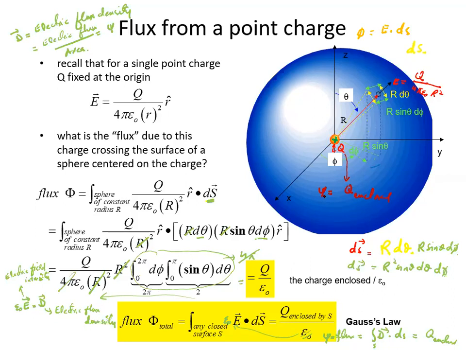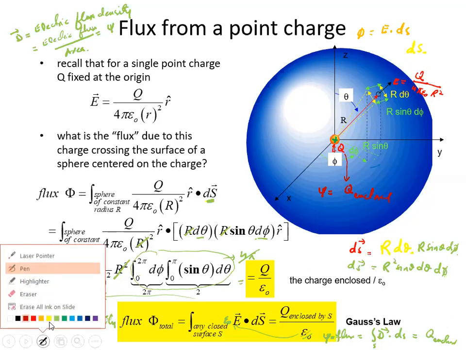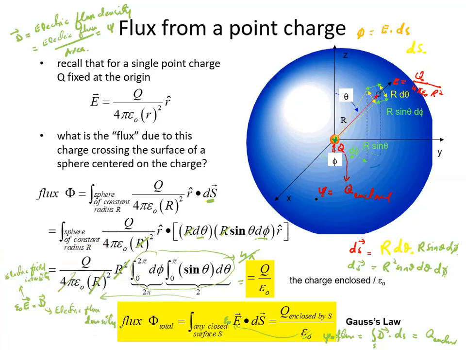A very interesting equation. Why is it so interesting? Because this quantity is non-physical, it doesn't have mass, but this one is physical because it has mass. So charge has a mass.